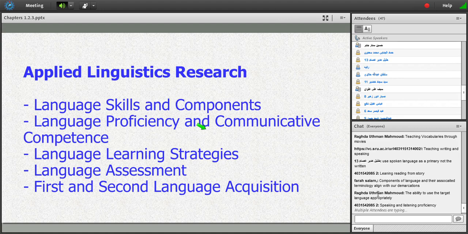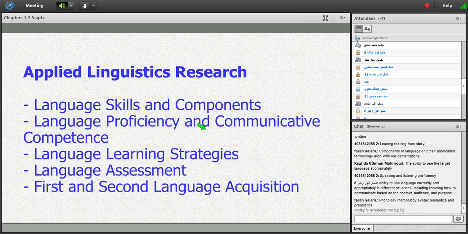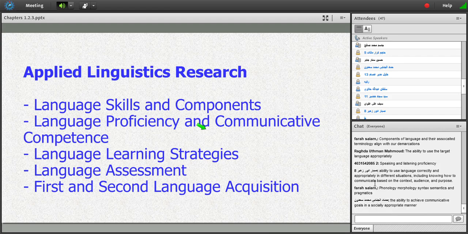It means how appropriately the students can use the language. For example, when they want to talk to their boss in the workplace, their sister, or their friend, they use different ways, different words, and different rules to communicate with different people of different levels. This is sociolinguistic competence. In different contexts, people use formal or informal structures.